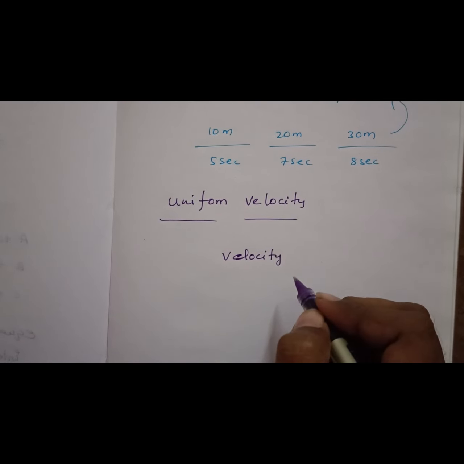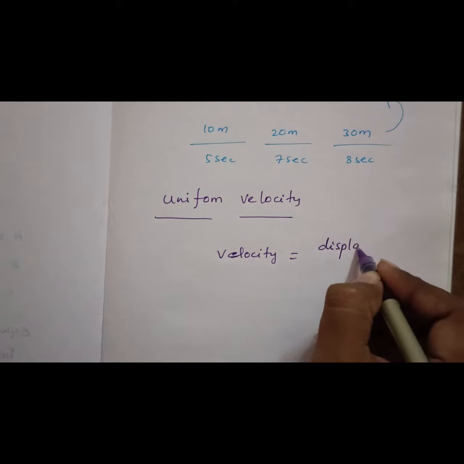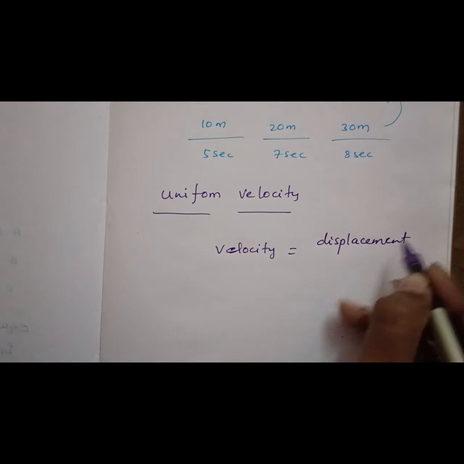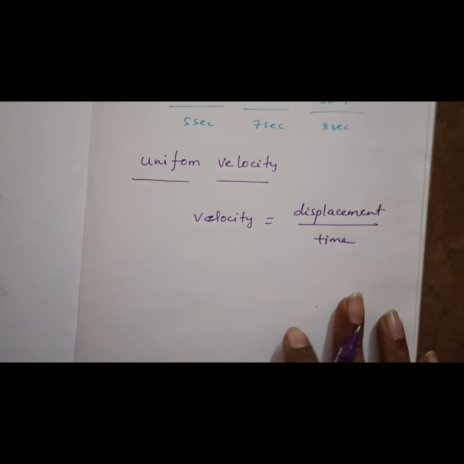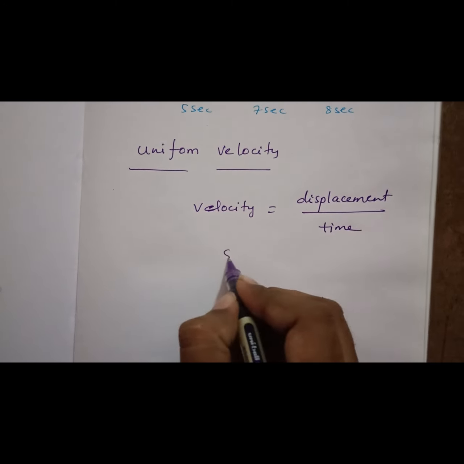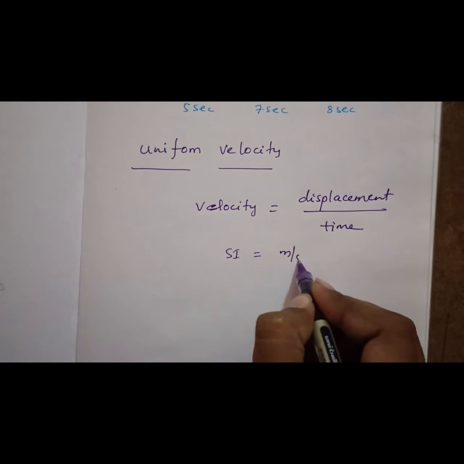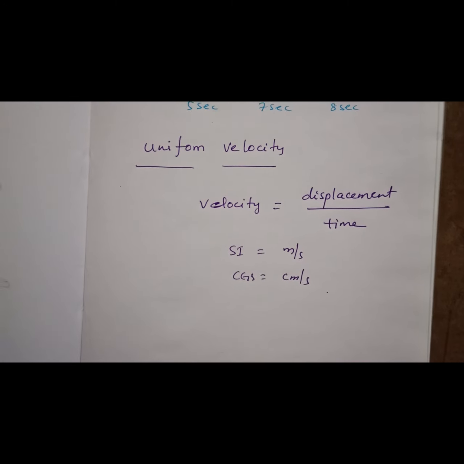In speed we have taken distance, in velocity displacement by time taken. SI unit meter per second, CGS unit centimeter per second.